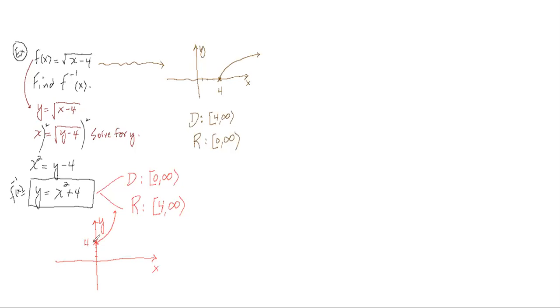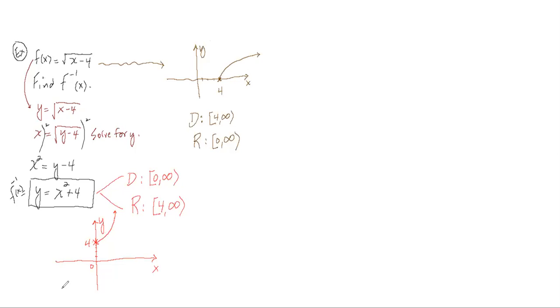You don't want to do the entire parabola because that's what the domain is. The domain says it's only greater than 0 going to infinity. Range says it's from 4 to infinity. So you do not graph the second part of that parabola because you have to match it with the domain. So that's the graph of the square root, and that's the graph of the x squared.